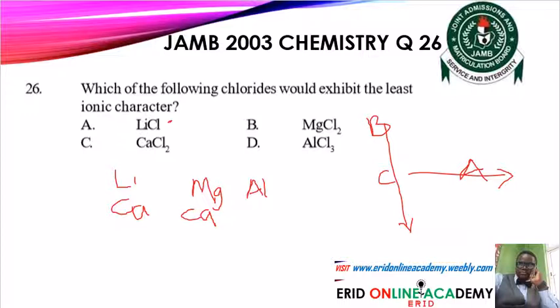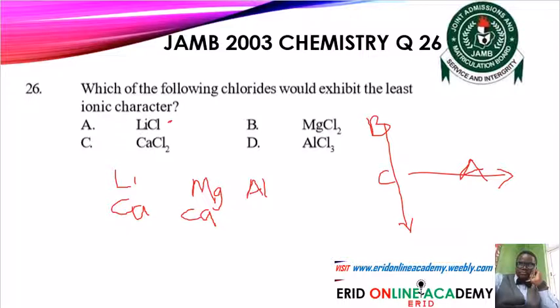In the same light, if C and A individually combine with chlorine, because A is an element of lesser metallic character, you would expect A chloride to have lesser ionic character than C chloride.